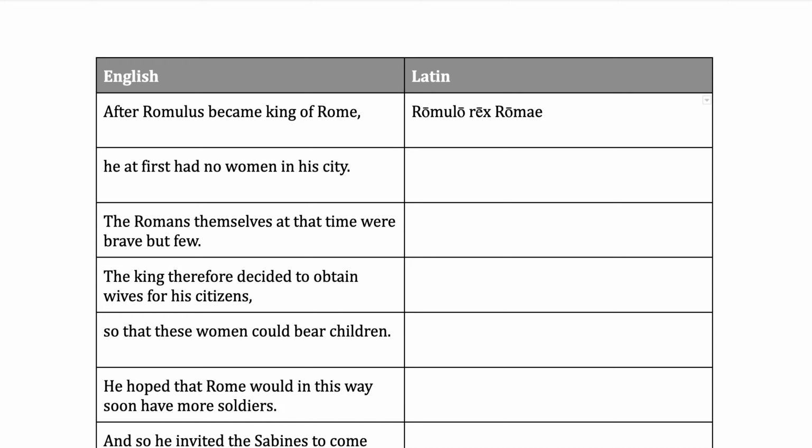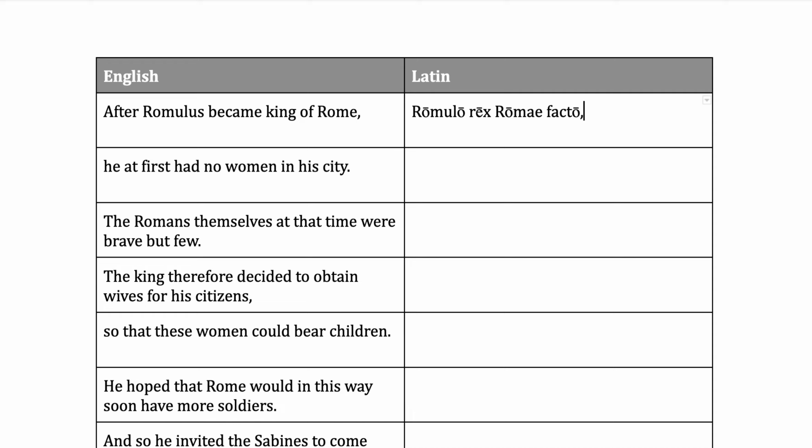So that perfect tense, factus sum, is deponent. So we can use that participle factus, and we would need to put it in the ablative case to agree with Romulo. So Romulo rex Romae facto. That's a very nice way of translating that first phrase.